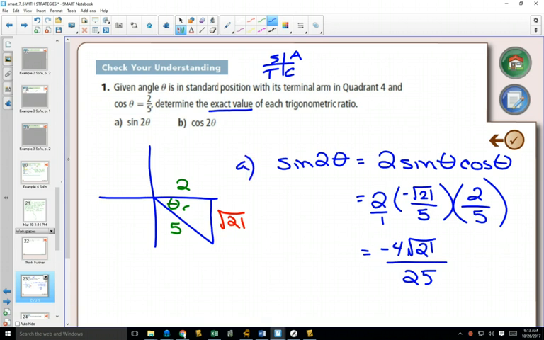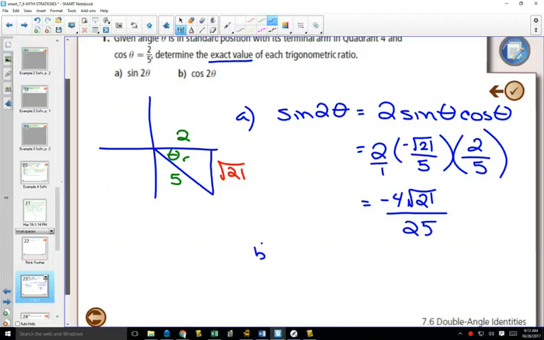In part B, we're asked to find cos of 2 theta. So now you have a choice of those 3 formulas. And in this one in particular, the way that we've set it up, I would say all of them are equally as fast, but I do have one that's my favorite in this case.